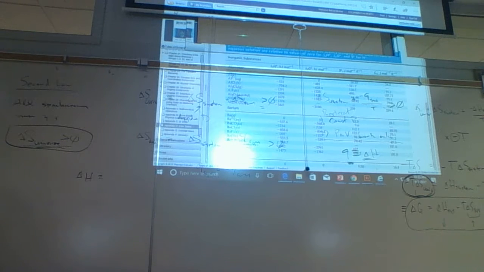So we can minimize the entropy term by lowering the temperature. If on the other hand the entropy term is favorable but the energy is not, so let's say the energy goes up and the entropy goes up, the energy is saying no, entropy is saying yes, we can maximize the entropy by increasing the temperature. And so this is spontaneous at high temperature, non-spontaneous at low temperature.